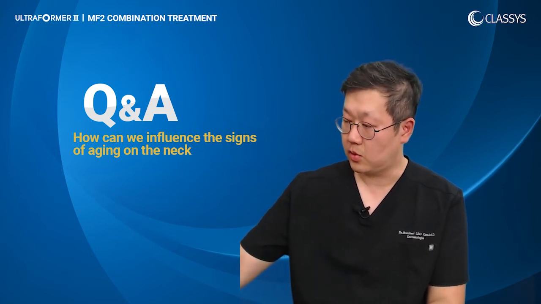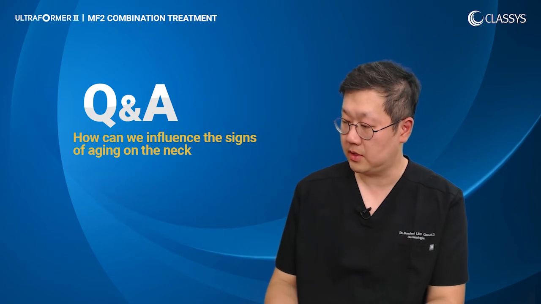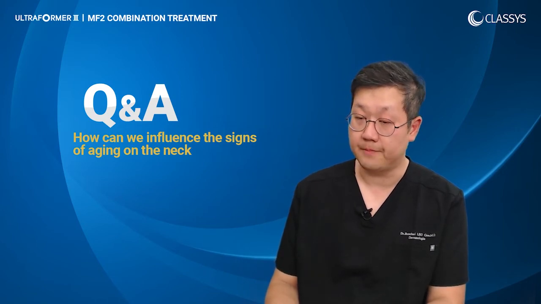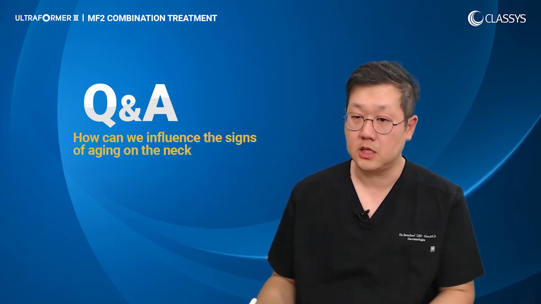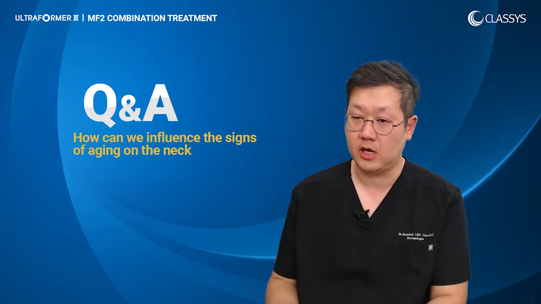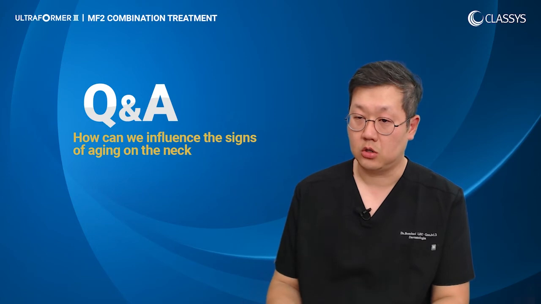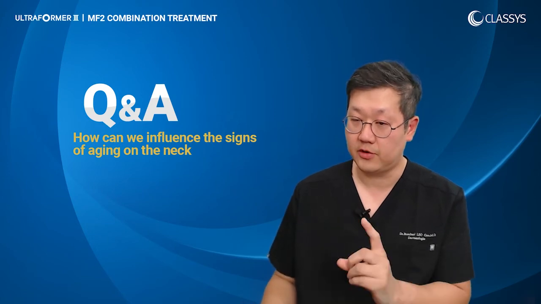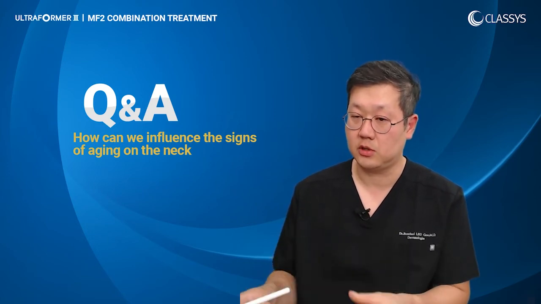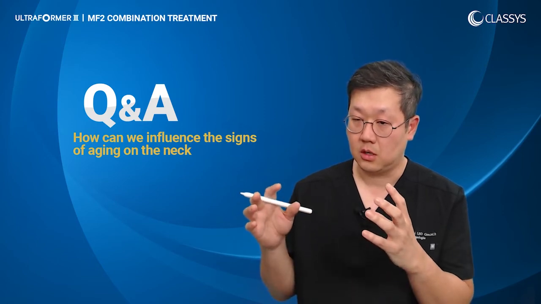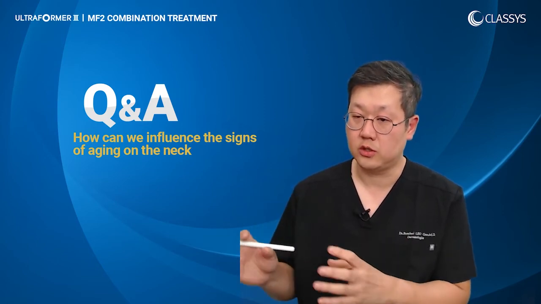And the next question is, can the treatment be done on the thyroid area? If the patient is very skinny and has very sagged skin, you need to take a history on whether the patient has goiter or not.